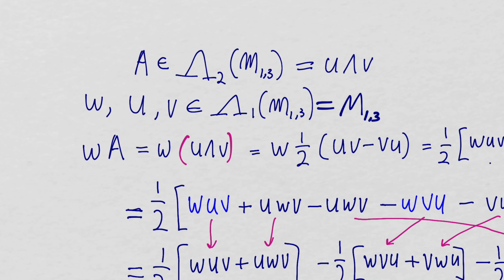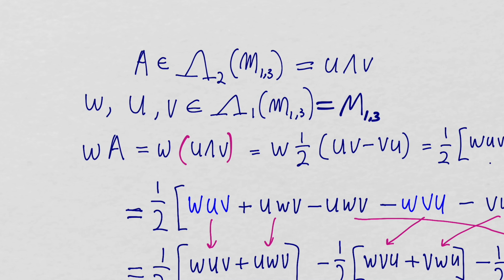So you can already see that we're going to use a proper formalism here. We're not breaking this down into components. And W, U, and V are all part of the subspace of the Clifford algebra that is M13, right? It's an element of M13. Lambda 1 of M13, by the way, is in fact M13.